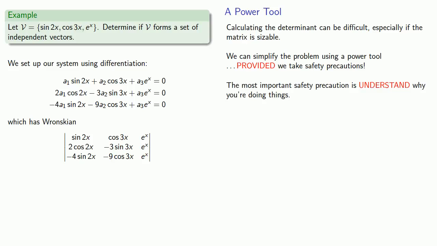In this case, we are interested in finding the determinant of the Wronskian, because it will tell us whether a linear combination of these vectors produces 0. But since these vectors are functions, a linear combination equal to 0 means that for every value of x, that linear combination is going to give us 0. And so that means that every value of x will give us a determinant of 0.